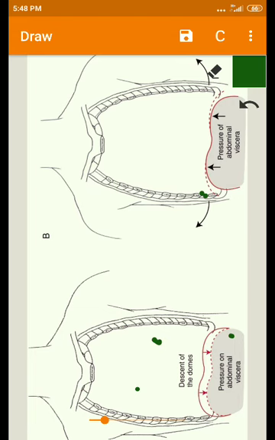Okay, so that means which is responsible for inspiration? When the space in the thorax increases, it helps in the suction of air inside the lungs. So intrathoracic pressure, or we can call it intrapulmonary pressure, decreases, which is responsible for inspiration.